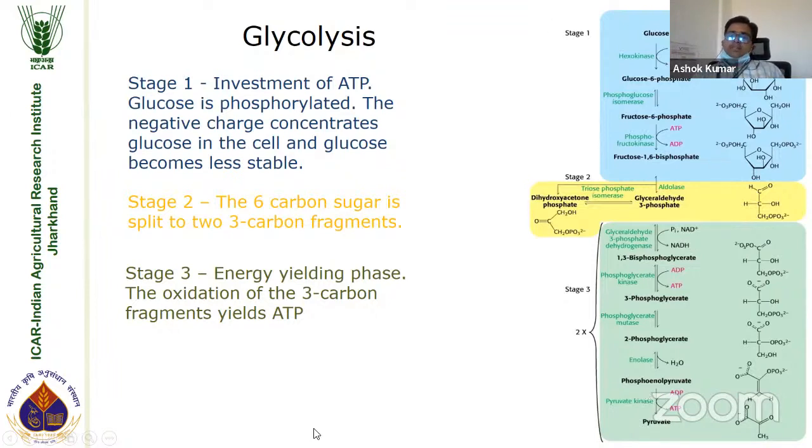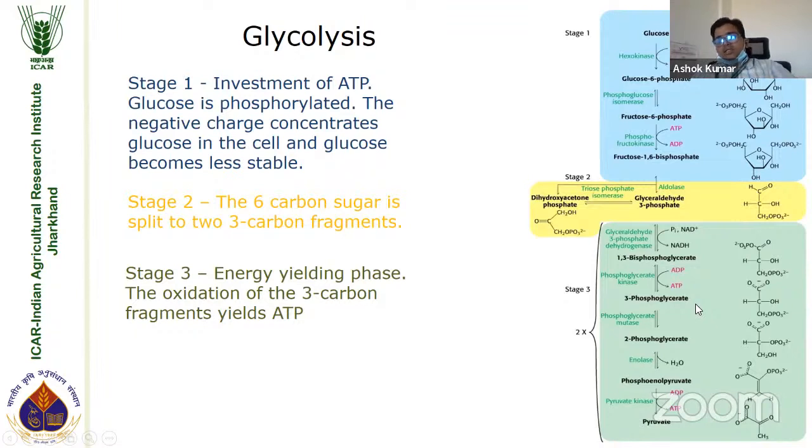So glyceraldehyde 3 phosphate gets dehydrogenated in the presence of dehydrogenase enzyme into 1,3-bisphosphoglycerate. Since these are dehydrogenases, you generate one NADH per glyceraldehyde 3-phosphate molecule. Later, one phosphate molecule will be released and 3-phosphoglycerate will be formed.